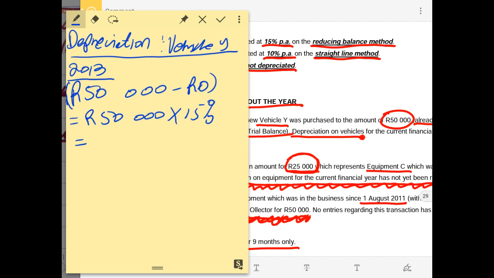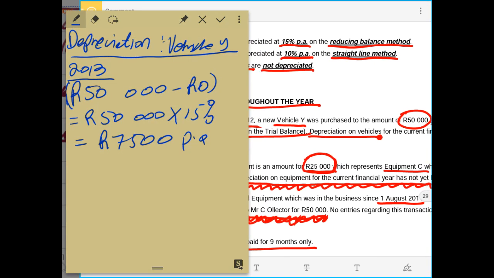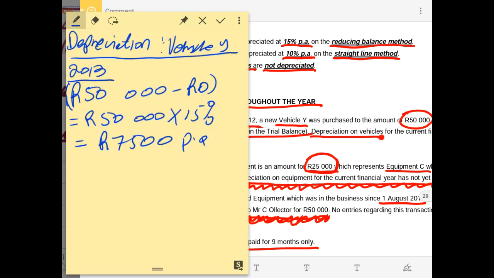So now we'll say 50,000 rands times 15%, and that will give us a depreciation of 7,500 rands. Remember, this is a depreciation for the full year because 15% is per annum. As you can see, it is written PA, a shortcut for per annum.